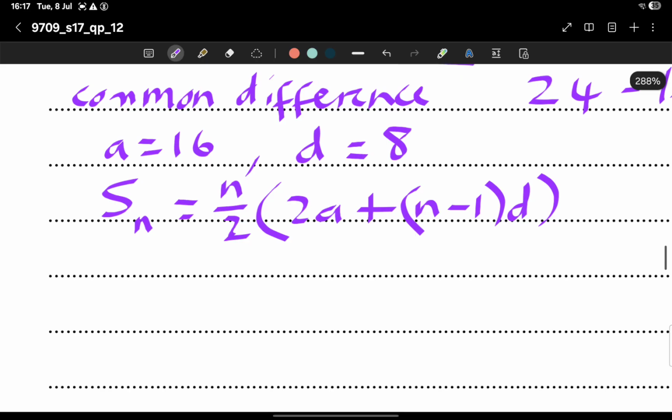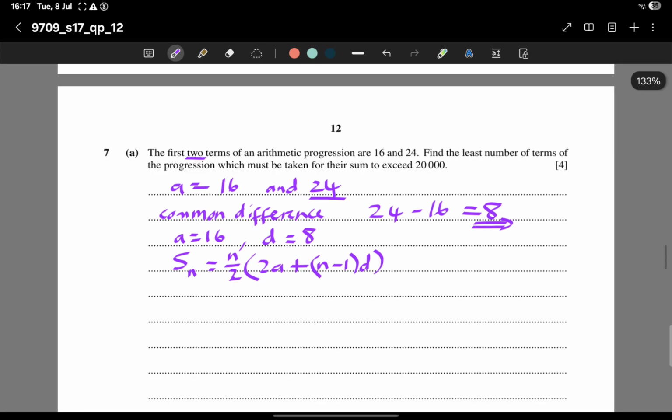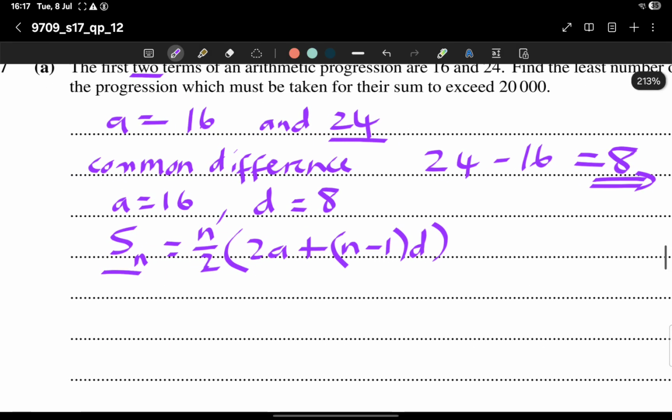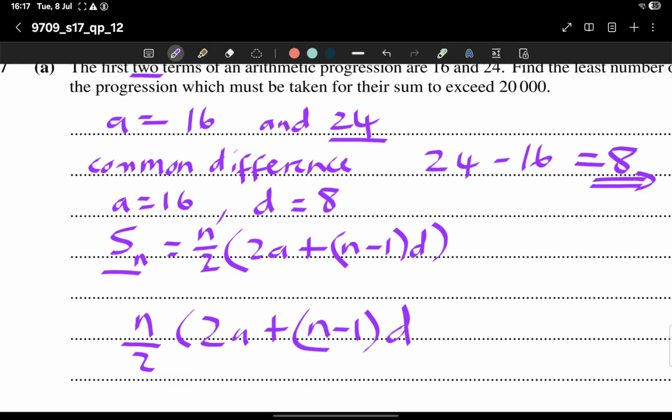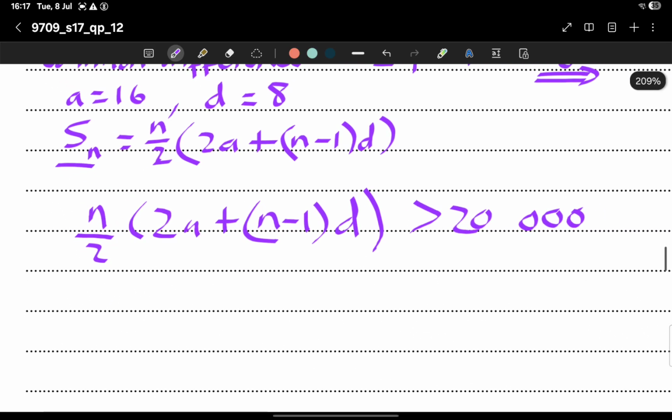So we are trying to find n, for which it says find the least number of terms of the progression which must be taken for their sum to exceed 20,000. So the sum should exceed 20,000. So we're saying n over 2, 2a plus n minus 1 d, should exceed 20,000. We're looking for the n value where this expression exceeds 20,000.